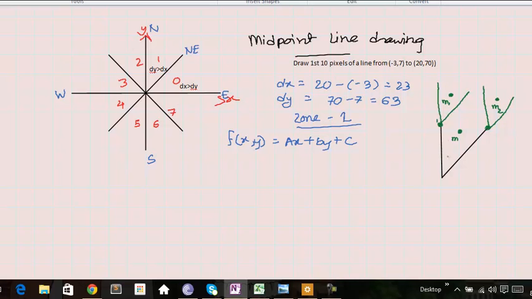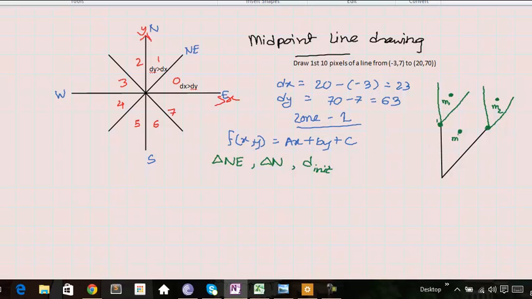I had to delete that version because that was for zone 0. Since we're working with zone 1, we have to draw a small version of it here. Why? Because we have to derive the necessary equations for del NE, del N, and the decision variable, D initial. This is part of the algorithm.